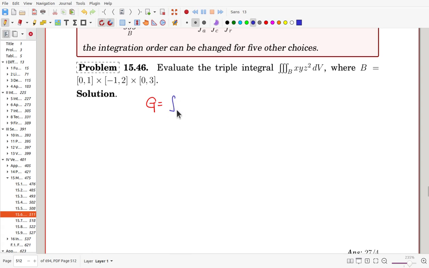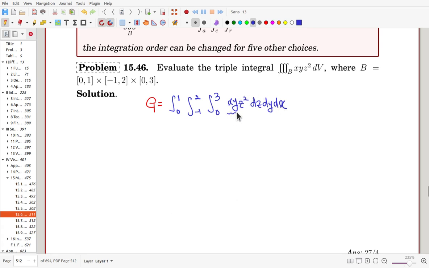Okay, x direction first, from 0 to 1, and y direction next, minus 1 to 2. And z direction is from 0 to 3. And then the integrand is x y z squared, and that's dz, dy, and dx.